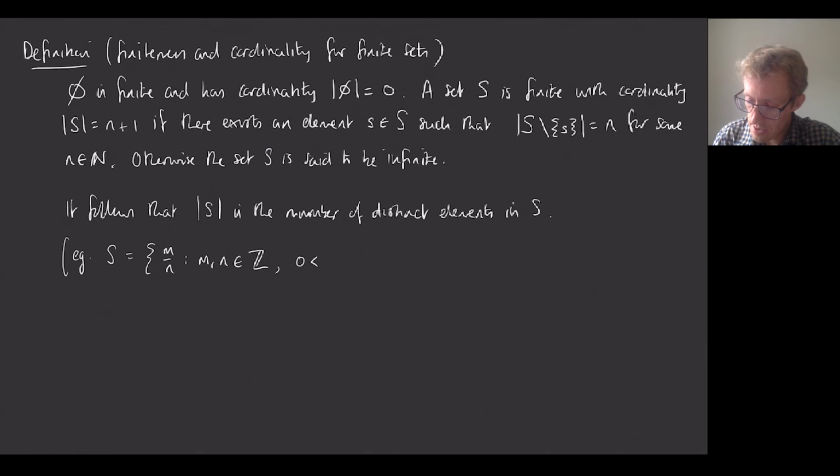So let me say that m and n are both greater than 0 and less than 1,000,000. Okay, so that set would be finite. You've got a finite number of elements, but it's not really obvious how many it has, because the rational numbers don't have a unique way of being represented as m over n. So a half, for instance, is 1 over 2, but it's also 2 over 4 and 3 over 6 and so on. So it's not really obvious how many different distinct elements there are here.